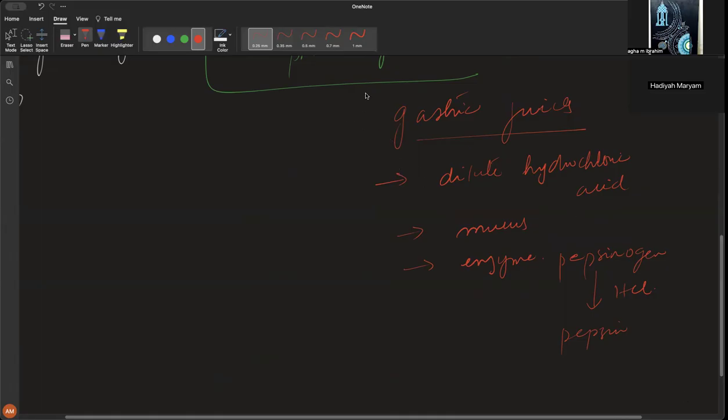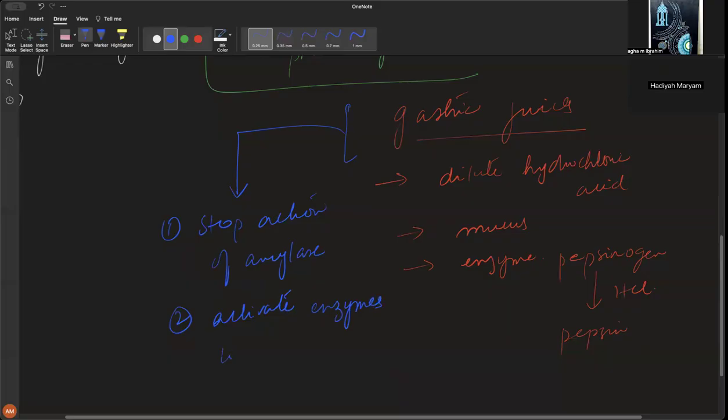So, what are these gastric juices going to do now? Number one, they stop the action of amylase. All right. Number two, they are going to activate enzymes like pepsinogen into pepsin.